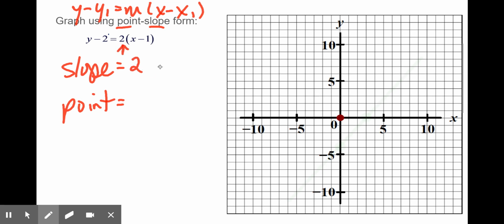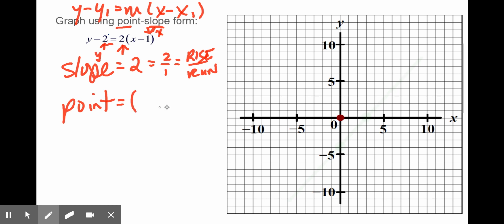My slope is going to be 2, which I'm going to turn into a 2 over 1, so I can use rise over run. Then I also need a point. My x coordinate is going to show up here, and my y coordinate is going to show up here.